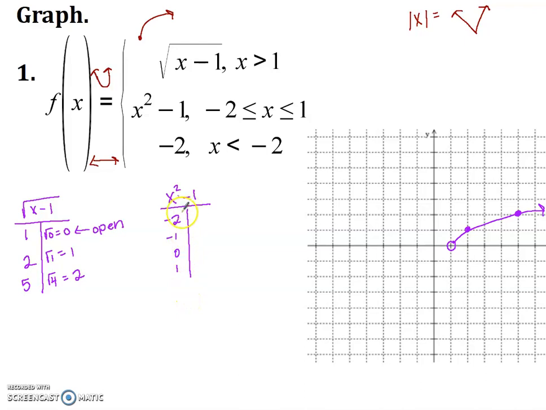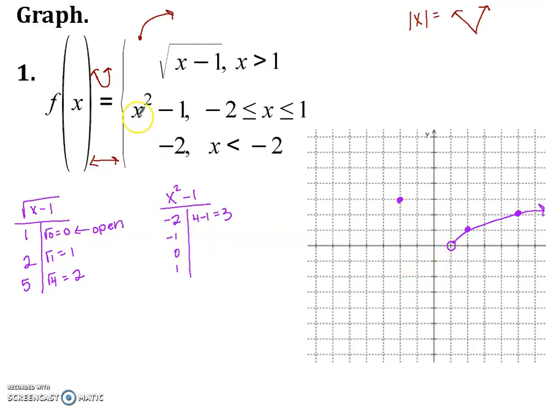between -2 and 1. So this will be -2 squared, which is 4, minus 1, so 3. So I'm going to have a point at -2, 3. Okay, these are both going to be closed circles, so I won't have any open circles on this section.